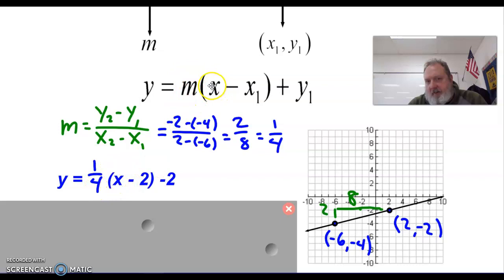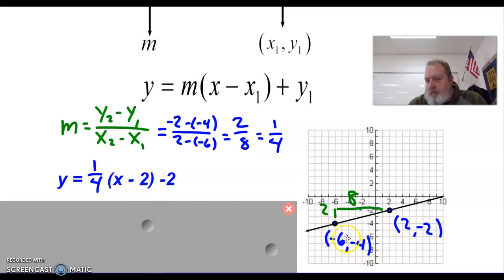In parentheses, we have x minus our x1 value. So x minus 2. And then this value at the end, the y1 value, is whatever this point is here. So you can see I just made it -2. So again, x minus the first value, and then whatever the second value is, that's what you put at the end. So this is one answer.